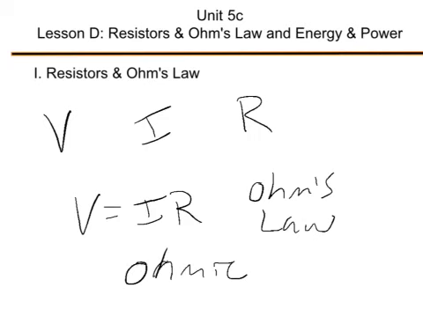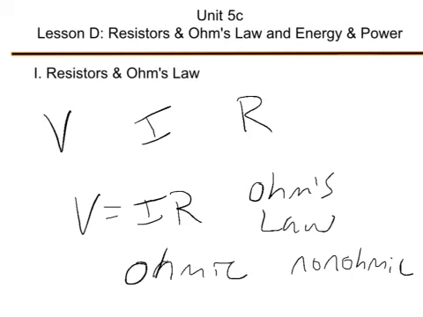Other materials are called non-ohmic, which means that the current through that device is not directly proportional to the potential difference. An example would be a semiconductor device known as a diode.